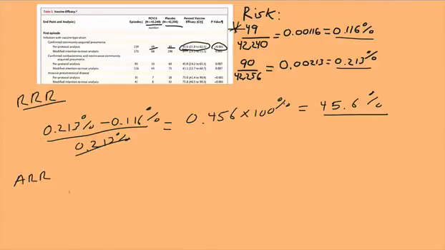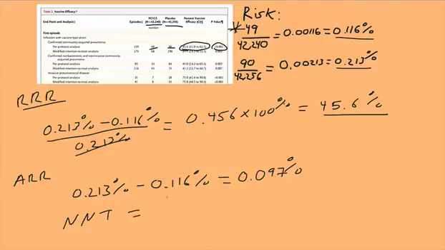But if we take out the control group and look at the absolute risk reduction, we again take the risk from control, subtract the risk from Prevnar, and leave it as it is. That gives us our absolute risk reduction, which in this case is 0.097%.